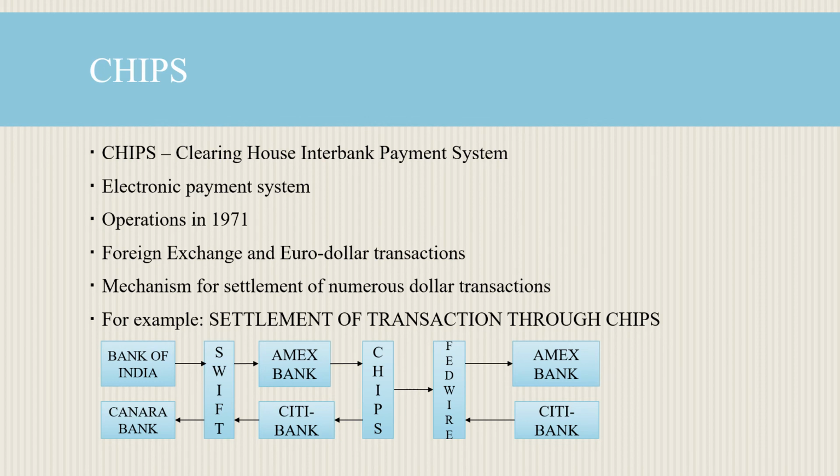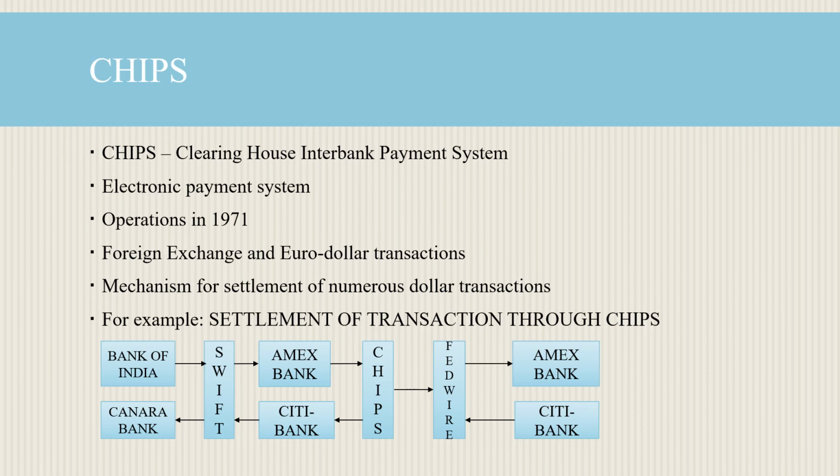Now this MX Bank debits the account of Bank of India with $1 million and sends the equivalent of an electronic check to CHIPS for crediting the amount to Citibank. The transfer is effected on the same day.